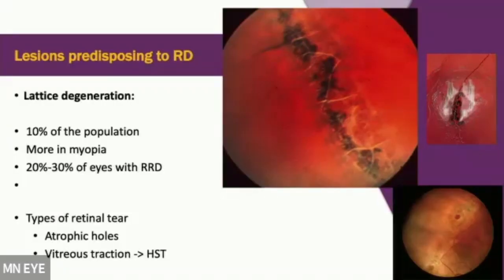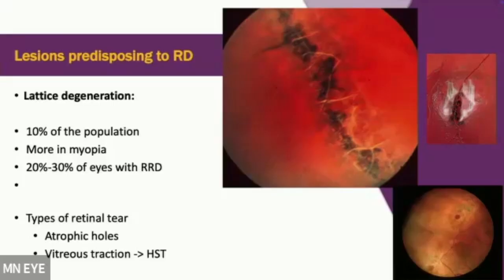So let's recap lesions that predispose to RD and those that do not predispose to RD, because we see so many color changes, lesions or abnormal features in the periphery, right? Not all of those predispose to RD. One that predisposes to RD is lattice degeneration. This is obvious, all of us know.